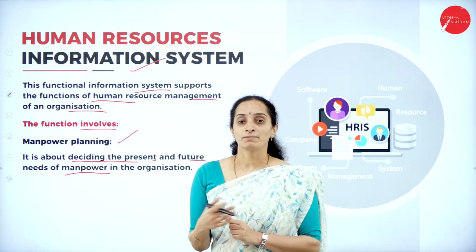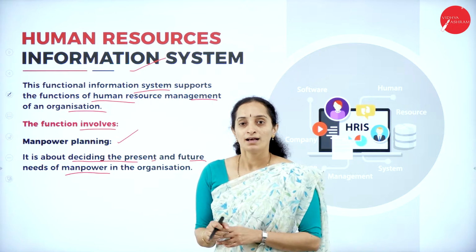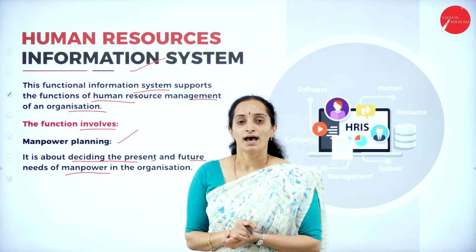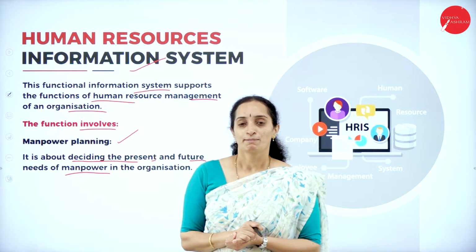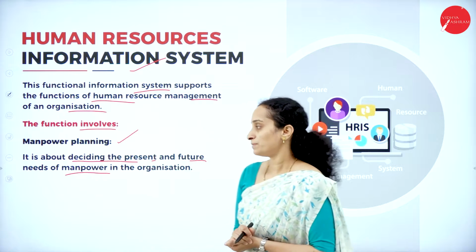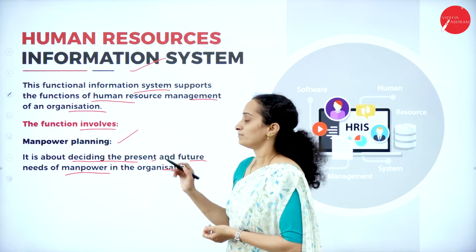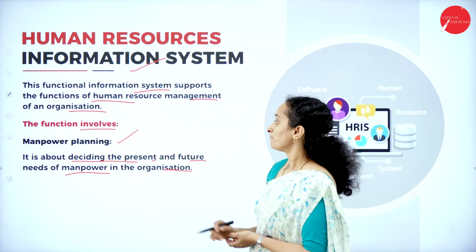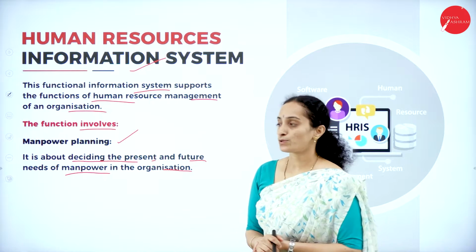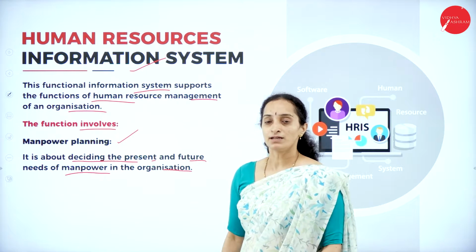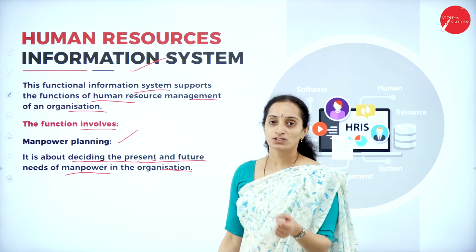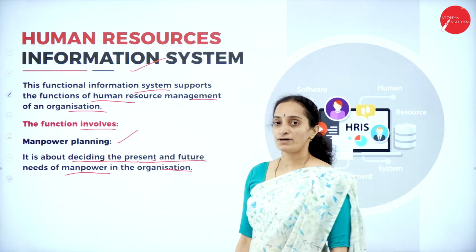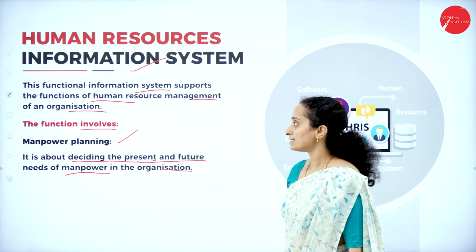The department may not be able to fulfill everything, but some of the issues, grievances and problems can be answered by the HR information system. So one thing the HR information system is going to handle is manpower planning: how to decide the present and future needs of the manpower in the organization.